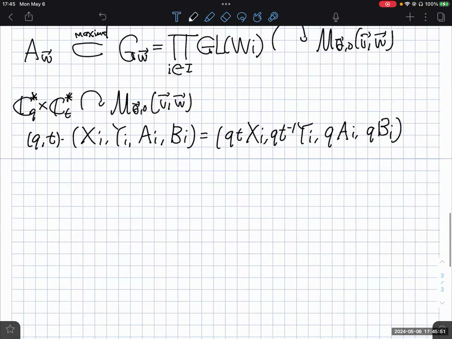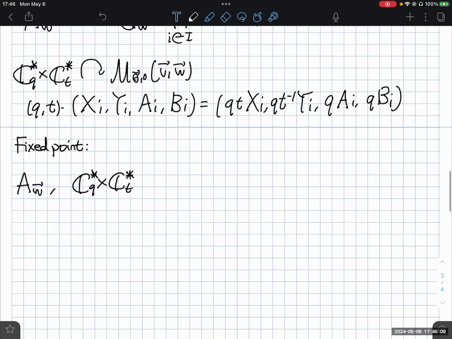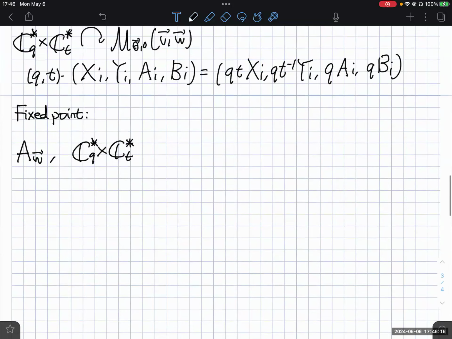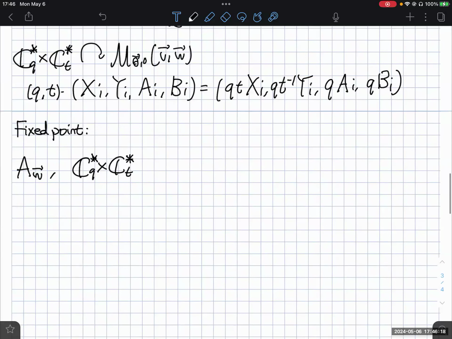So we're going to first start with the fixed points, a brief introduction. There are two kinds of group actions. The first is by this maximal torus, and the second is given by this two-dimensional torus action. So for this first one, I shall take it as 1, and this as 2.